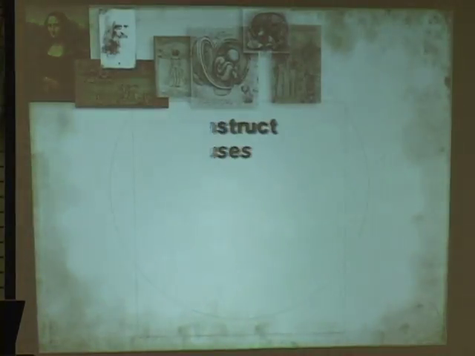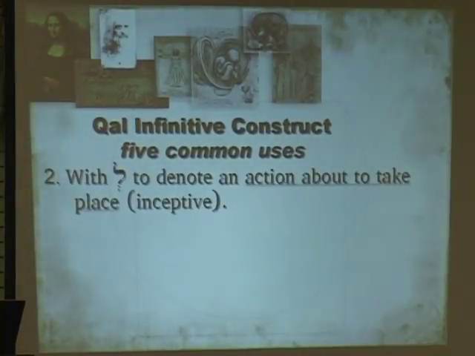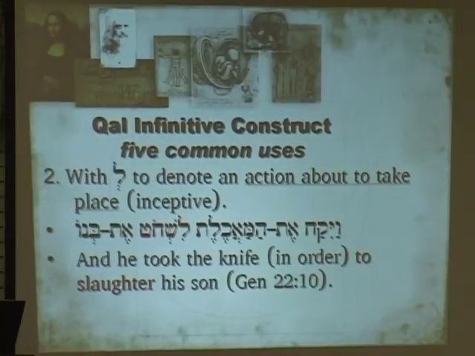So the second use, with le, to denote action about to take place, which is called inceptive. Another example. Here we have the infinitive construct lishchot, and that means to slaughter.